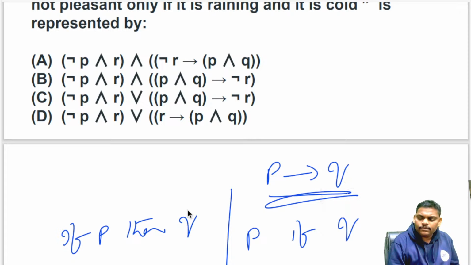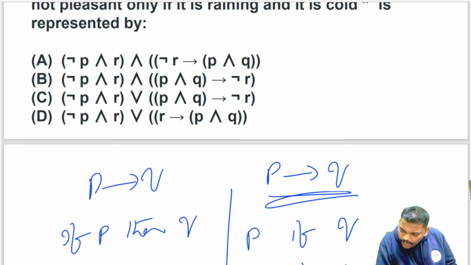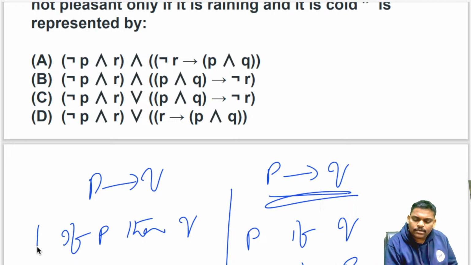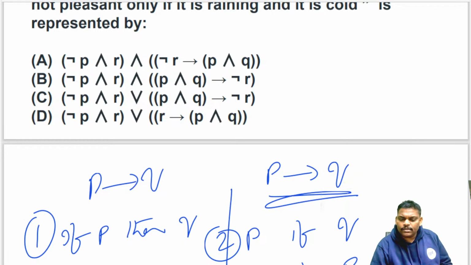Or Q if P? Options 1, 2, 3. Can you help me now? Which are correct?